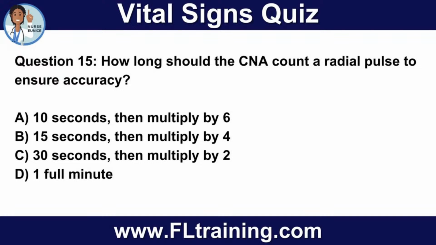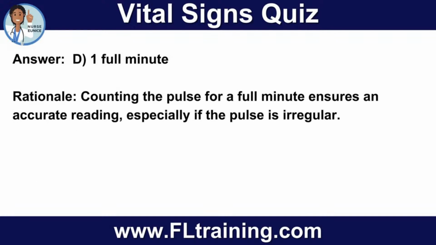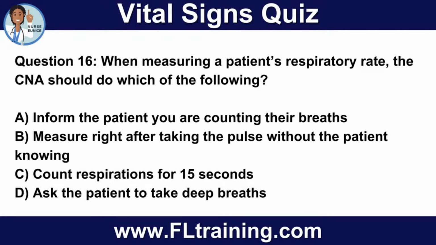I'm not sure how you didn't pass the first two times, so I'm definitely praying for you because you're getting the answers right. You all know that we have to count that pulse for 1 full minute. So the response is D. Counting the pulse for 1 full minute ensures an accurate reading, especially if the pulse is irregular. Brenda, F was not an option. I see you trying to cheat.